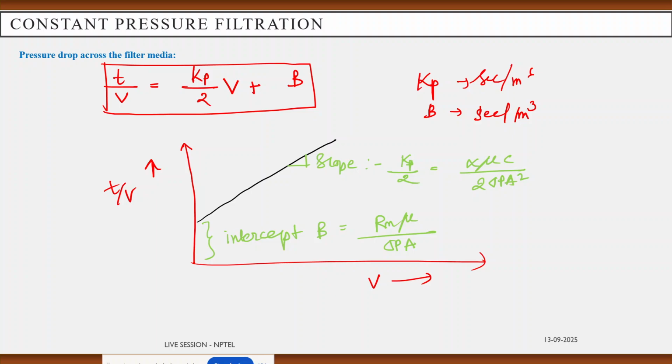So if the filter medium resistance is very negligible, then B will be 0. At the very initial stage, when T equals 0, V equals 0, then we will get the initial volumetric flow rate, B equals 1 by Q naught.